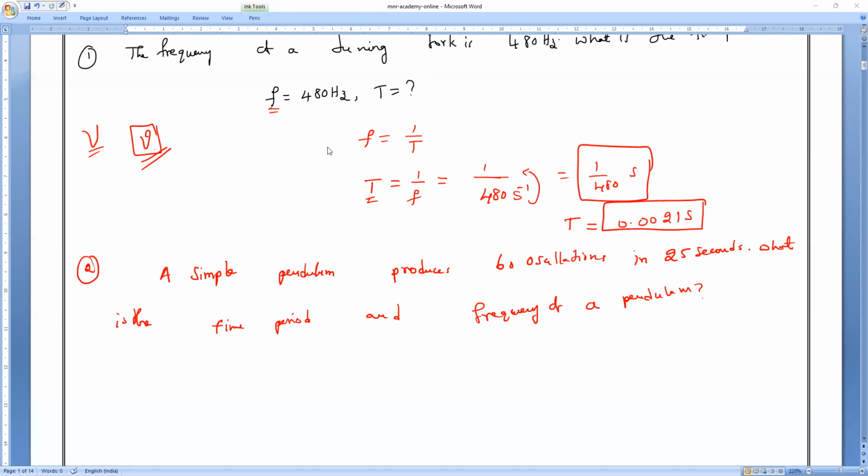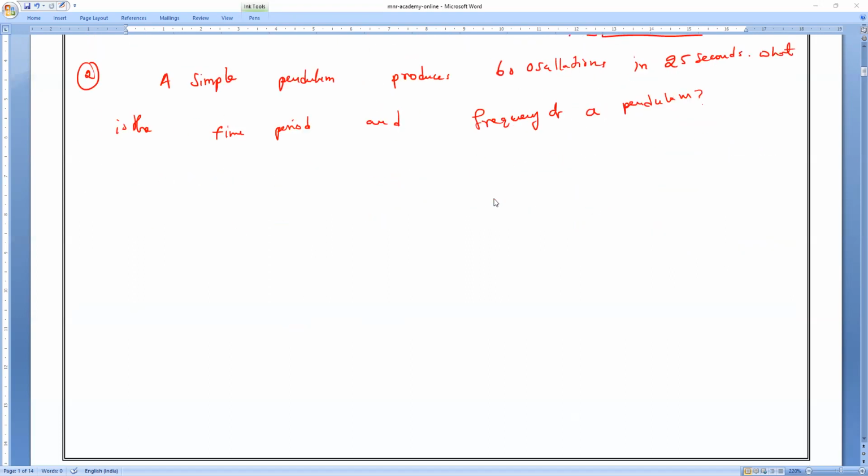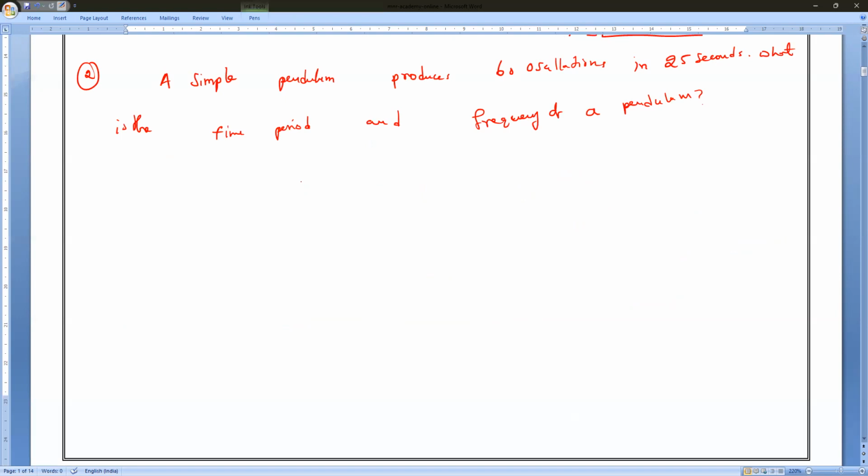So now let us start the first one. Time period. Number of oscillations in 25 seconds equals how many they have given? 60 oscillations. So number of oscillations in 25 seconds is equal to 60.